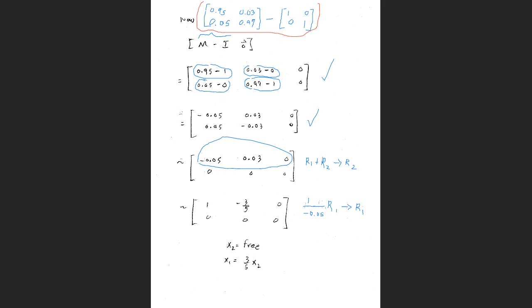Thank you, everyone. That's right. So you're going to have a free variable. X2 is free. X1 is 3/5 X2.